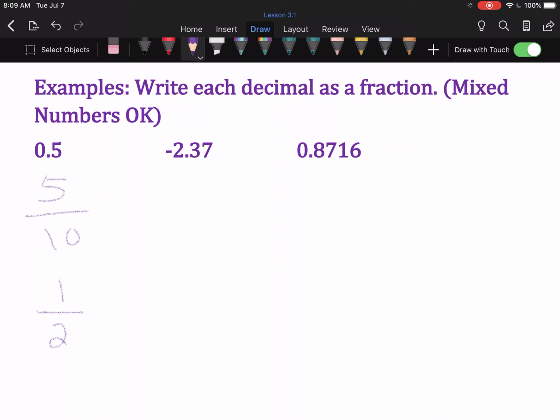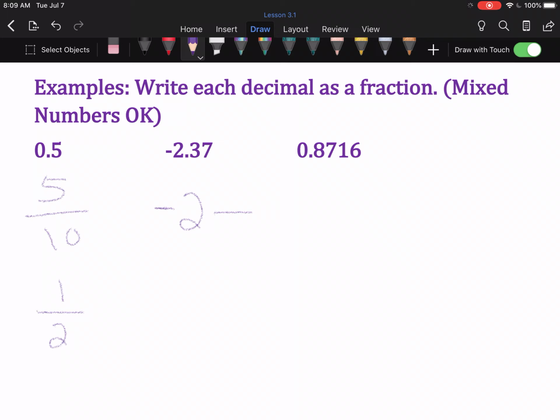In the directions you see it says mixed numbers are okay. What that means is if you have a whole number part to a decimal, it just carries along as the whole number part of a mixed number. It's what is after the decimal that will convert into the fraction part. So this is 0.37 after the decimal point. That ends in the second place, and the name for the second place is hundredths.